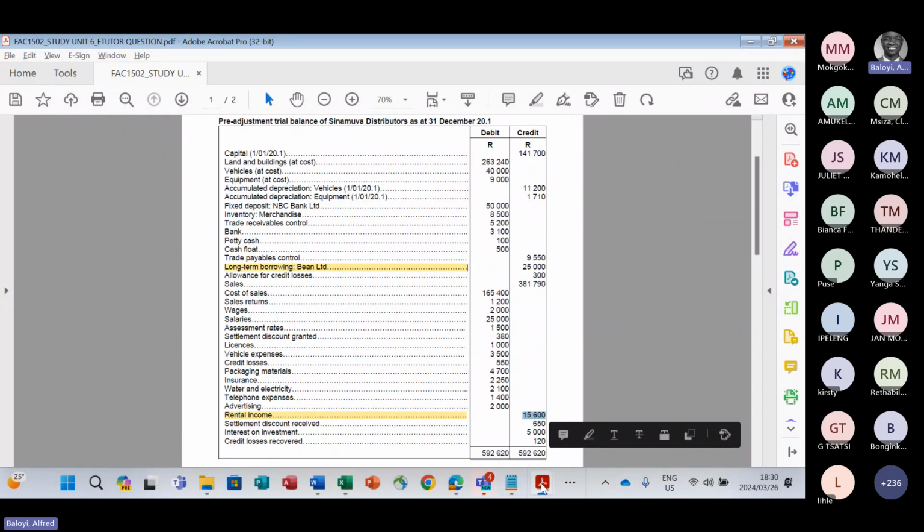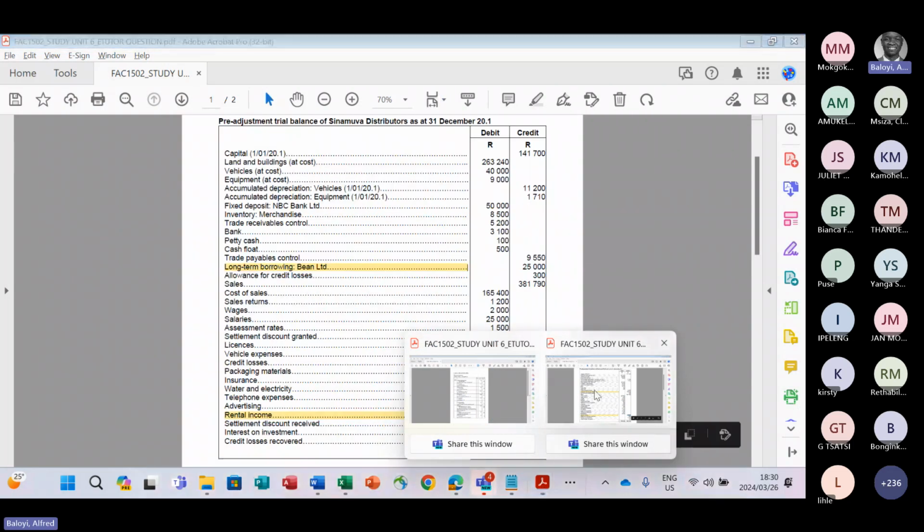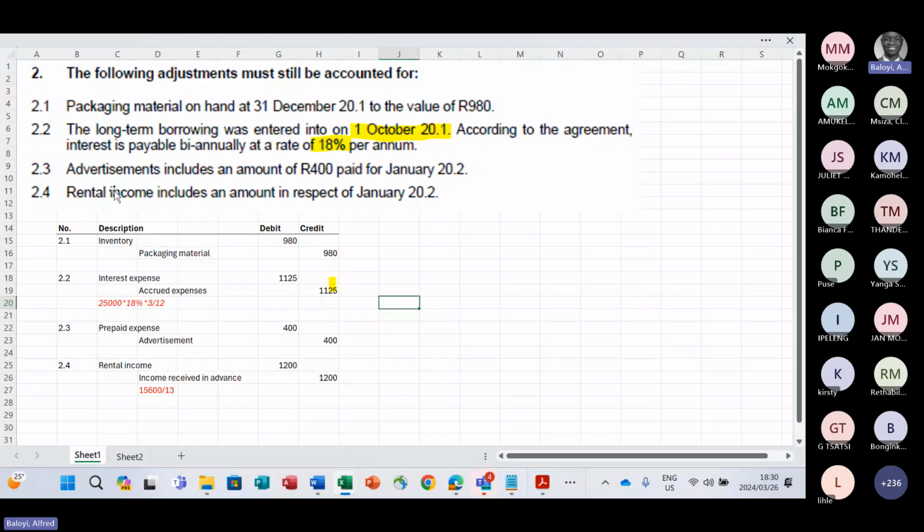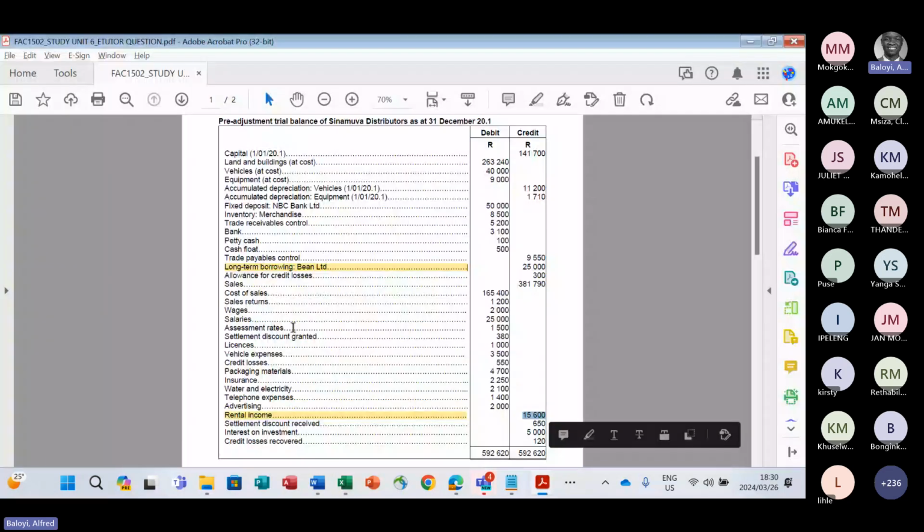However, the notes here are telling us that rental income includes an amount in respect of January 20.2, meaning that the 15,600 has an amount for January 20.2, so it's no longer 12 months, it's 13 months. That's why we divide it by 13. Okay, thank you. Thank you very much, sir. All right, welcome.